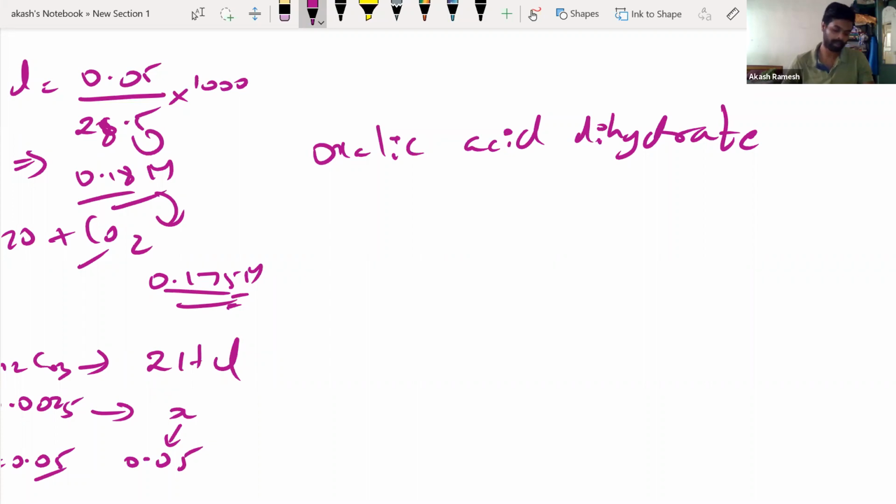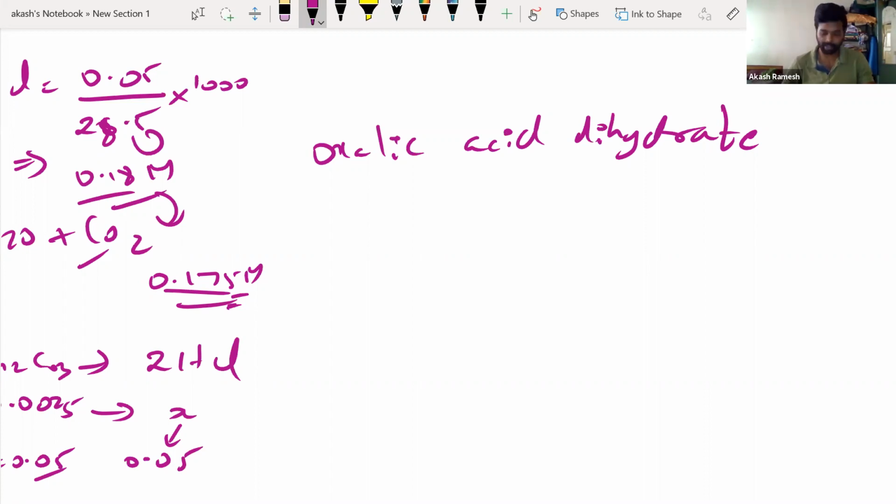Now, what is the volume of 0.1 M NaOH required to completely neutralize 10 mL of this acid?